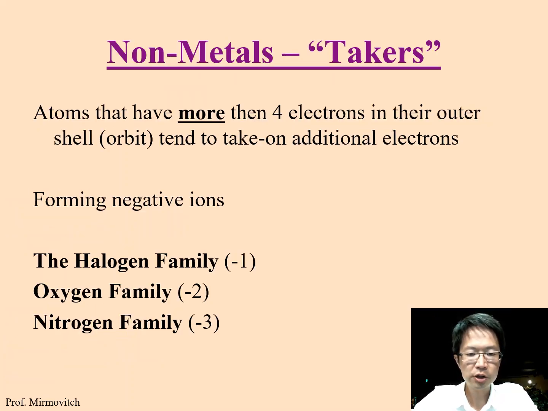Non-metals are usually the takers. They receive extra electrons. They usually have more than 4 electrons in the outermost orbit. That's why in the halogen family, the fluoride ion is 1 minus, the chloride ion is also 1 minus, and oxygen, I already told you, is 2 minus.